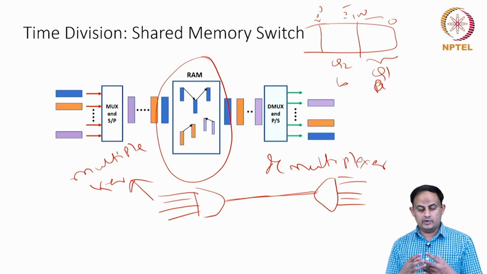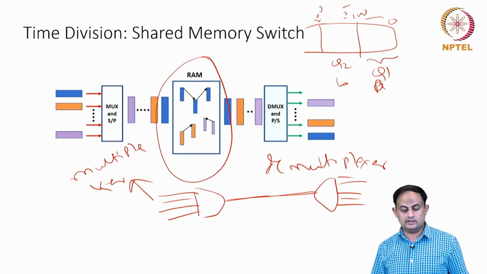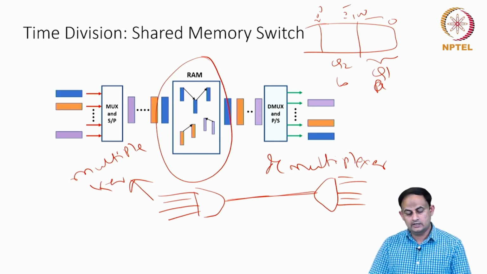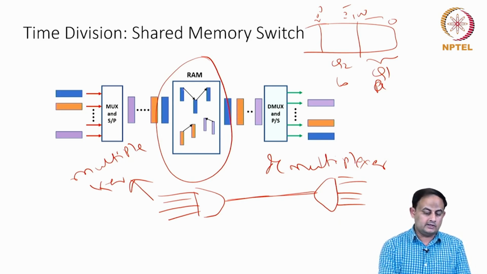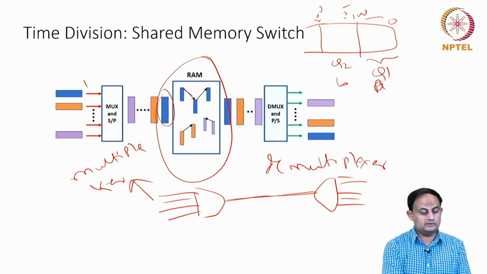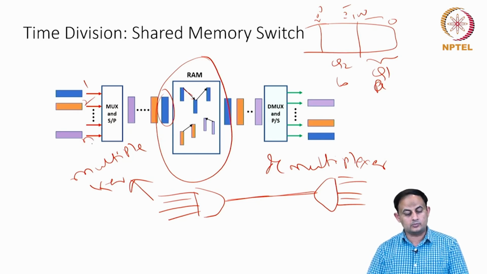here is the memory where the packets are actually getting received and then they are placed inside that memory. So you can very well schedule what is shown here with the arrow marks. This is the color coding of the packets received on this particular port, maybe port number 1. This is the coding of the packets received on port number 2, and this is the color coding of the packets received on port number n.